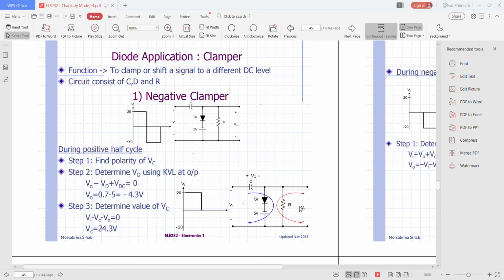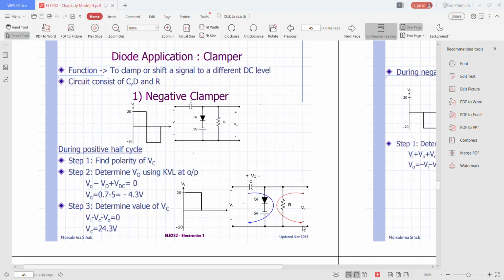Some of you can use the polarity for current entering the node, or maybe current entering the terminal. For example, the equation might be different as in the node here. So it depends on your understanding.